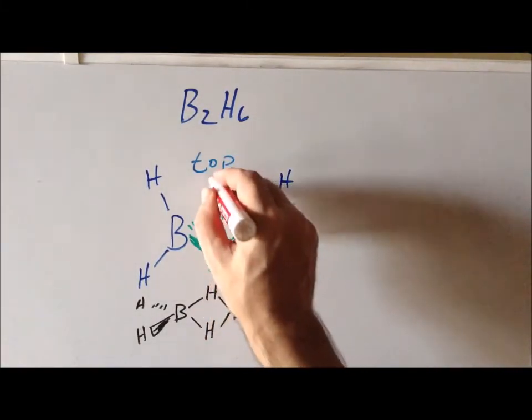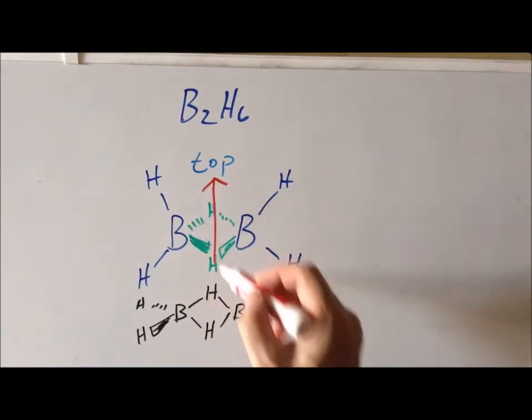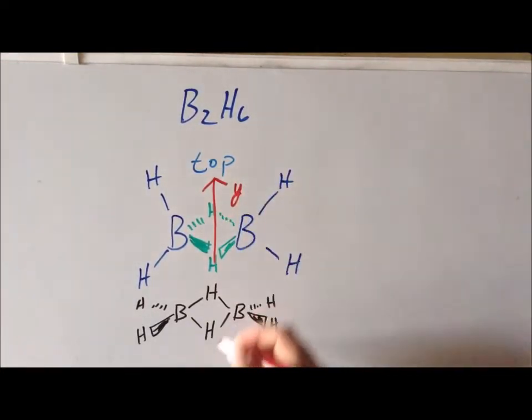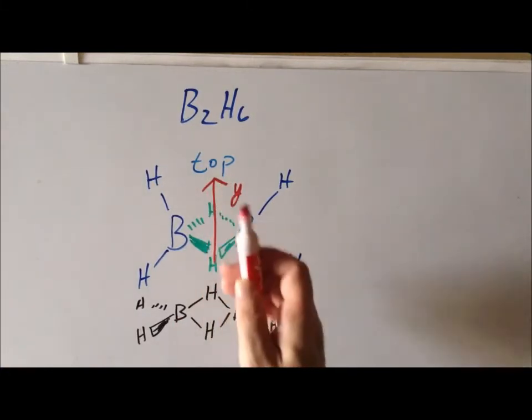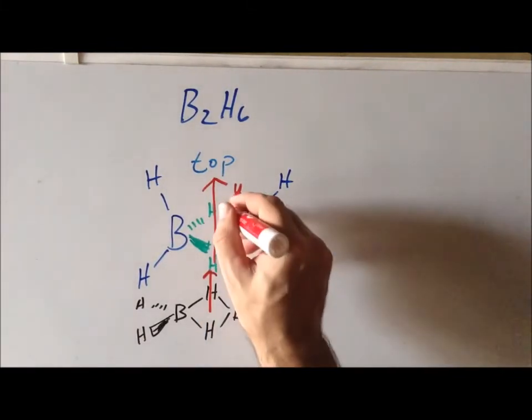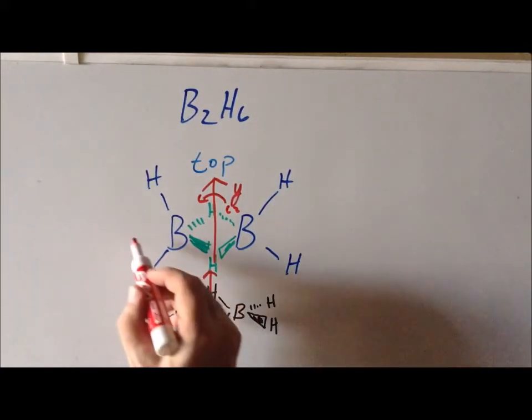So this is for the top view, this is going in the y direction, for example. Where that would be in this particular case would be between the things and coming up like this. So we have a C2 rotational axis there. We also have a C2 rotational axis in the plane of the board here.